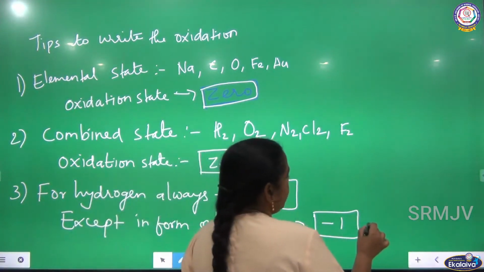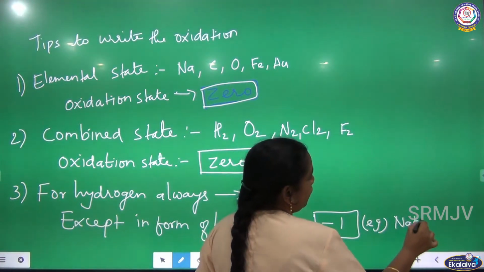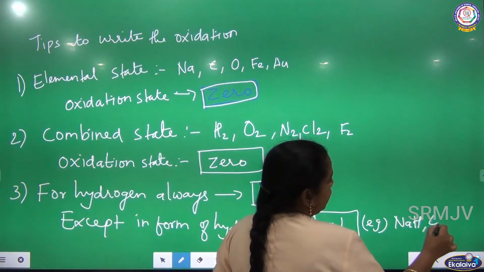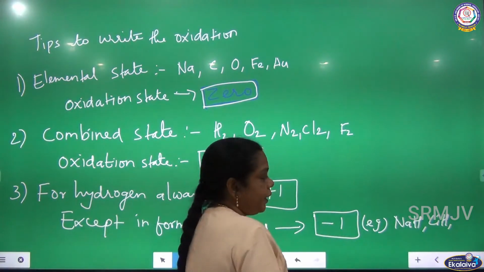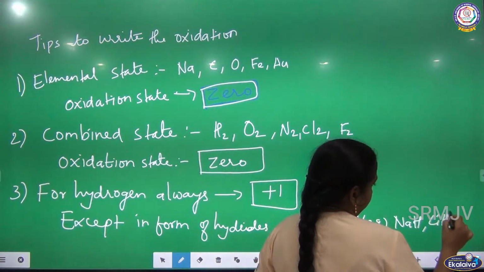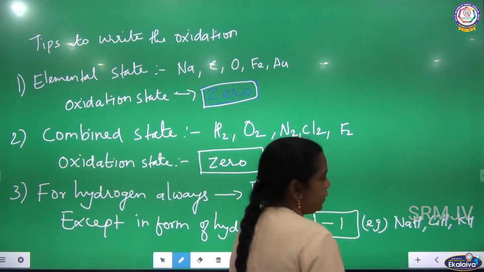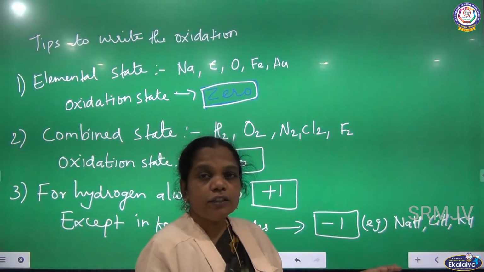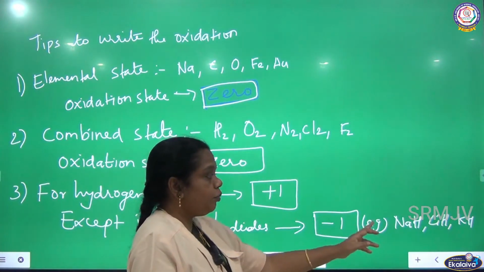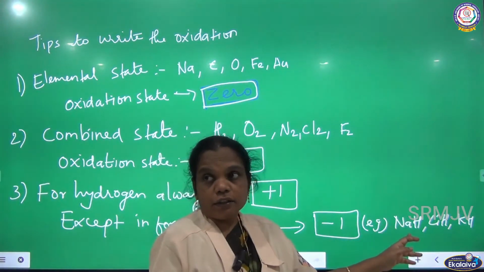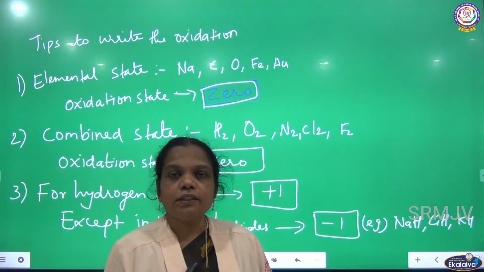For example, sodium hydride, lithium hydride, and potassium hydride. In this case, the oxidation state for the hydrogen is -1, because the alkali metals always show +1 oxidation.